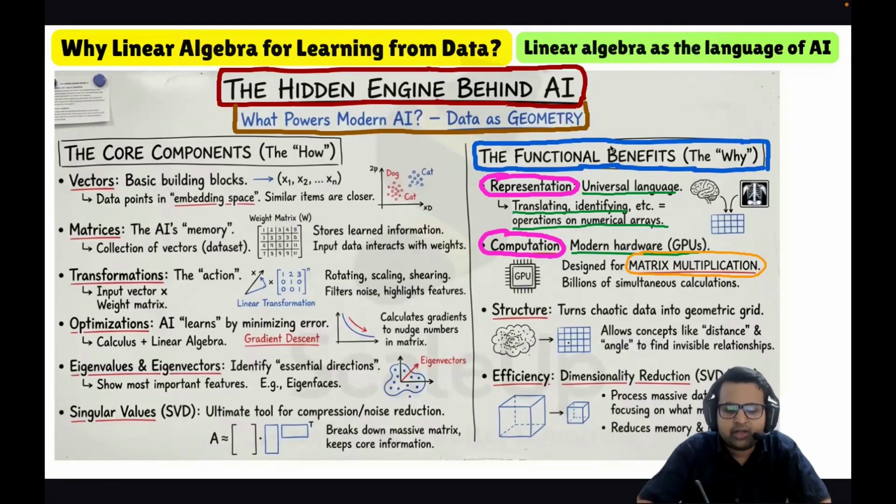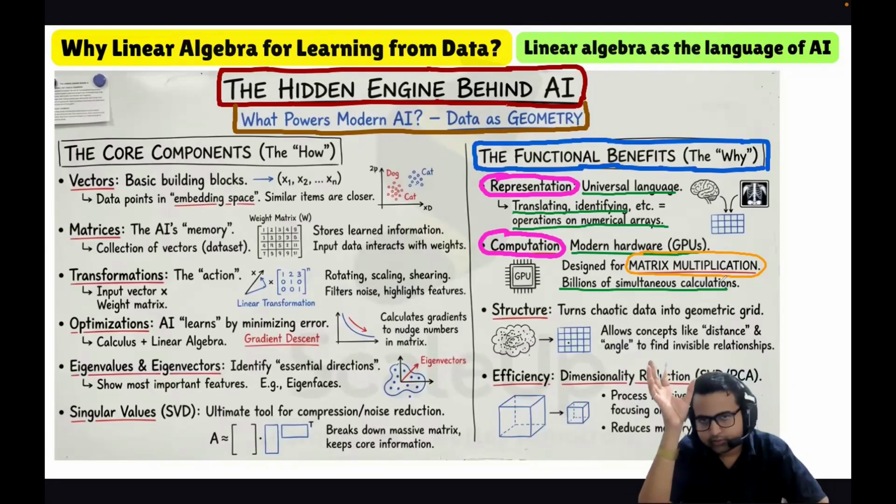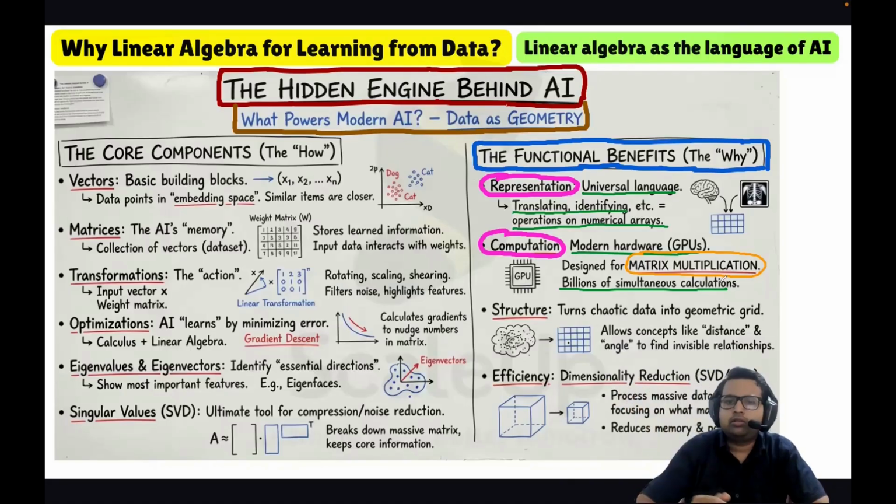So linear algebra allows us to perform billions of calculations simultaneously rather than one by one. It provides the computational framework, because GPUs make use of matrix multiplication to carry out billions of simultaneous calculations.